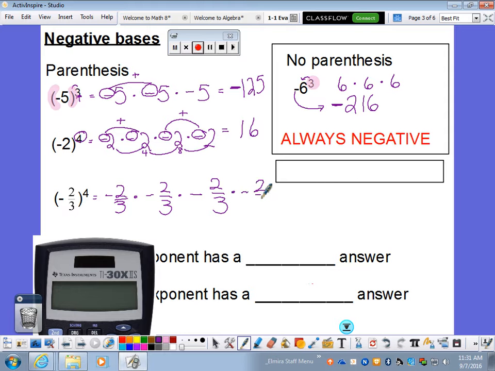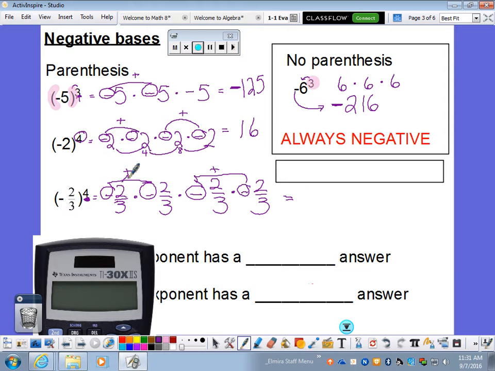Times negative 2/3. We've got an even number of negative signs. So this one will cancel out that one and make a positive. This one will cancel out this one and make a positive. So my answer is all positive. And you don't have to circle these on your homework assignment and make positives. I'm just doing it to show you.